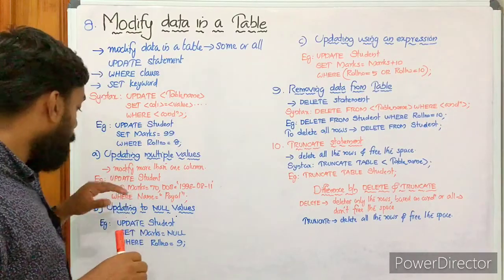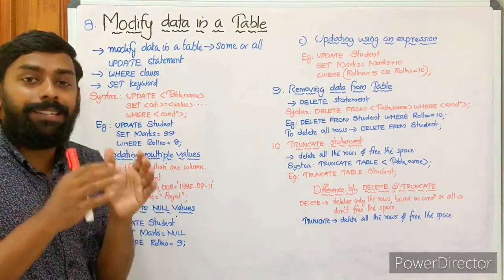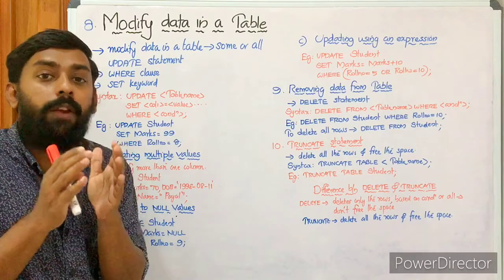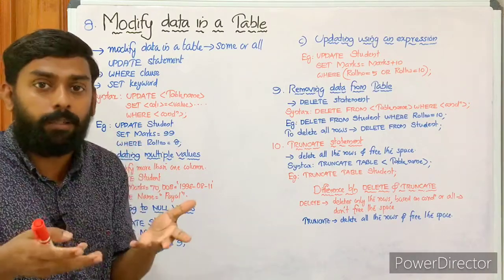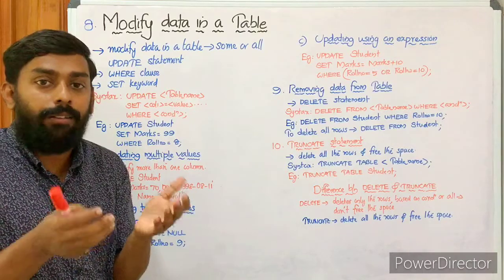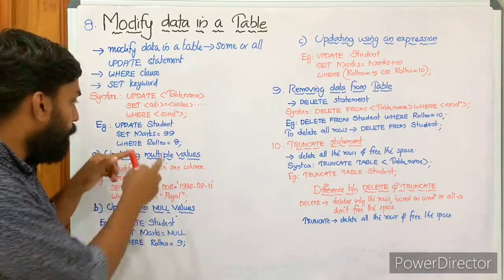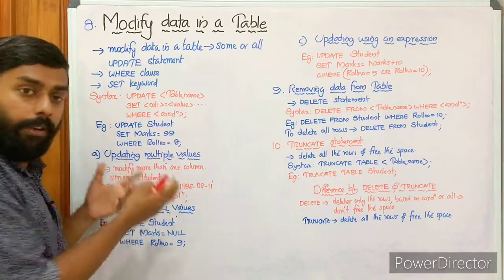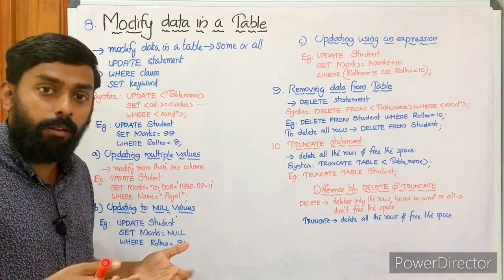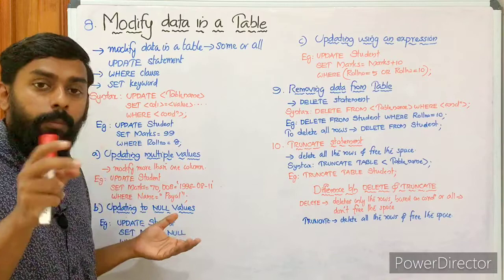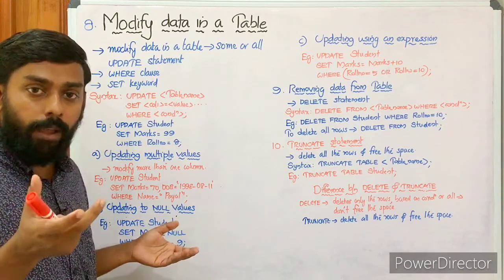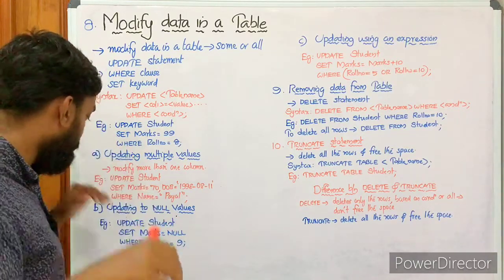Now let's move on to updating to null value. Just like setting any value, we can set the value of a column or columns to null as well, because null is also a value. Null is a value which is unknown, unavailable, inapplicable, and unassigned. Just like setting 99 or 70, we can set it to null as well. But the condition is it must not be a primary key or a not null column.